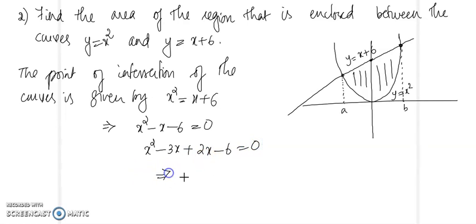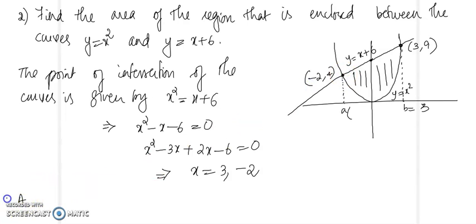So that gives x is equal to 3 and minus 2. So here b will be equal to 3, and this point will be 3, 9, and this will be minus 2, 4. So those will be the points.